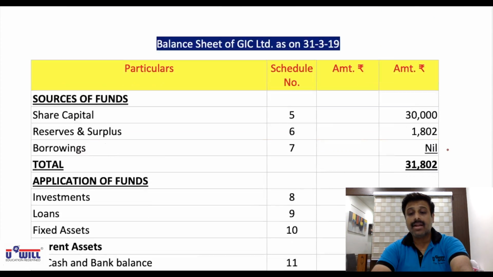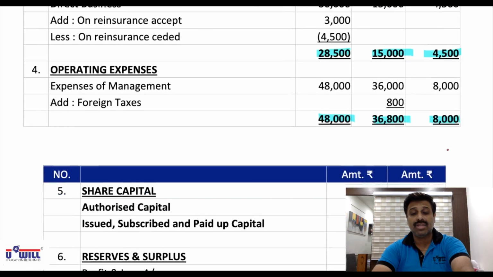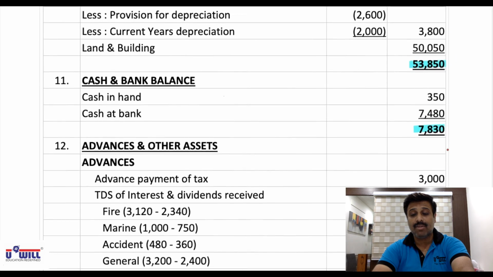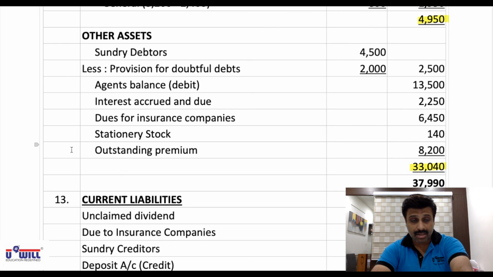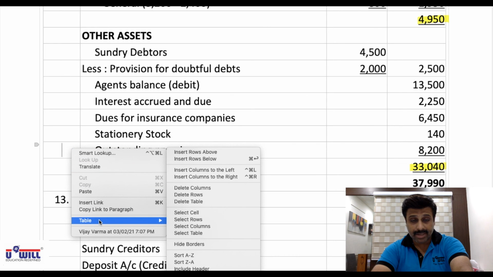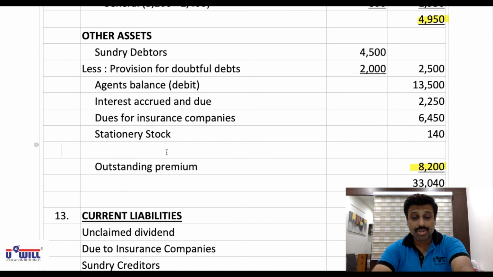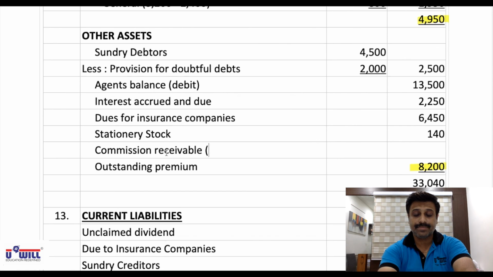I repeat, commission receivable on reinsurance ceded 4,500, we will have to add in other assets. Okay, commission receivable, so that you can insert it in between. Now this is which commission receivable? On the reinsurance ceded. Ceded one is receivable because that we have to receive from the other insurance company.